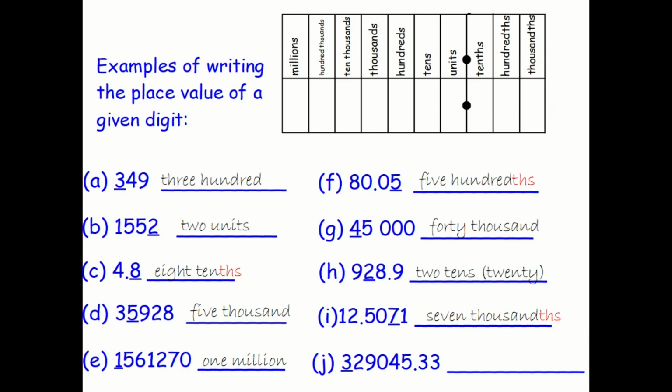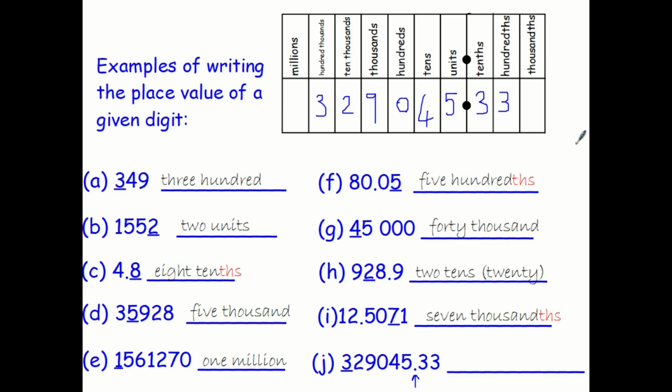And the final example here, we've got a lot of digits going on, so there's my reference point, my decimal point. So I'm going to put the 3 here, and I'm going to work backwards. So the 5 is here, the 4 is here, 0, 9, 2, 3.